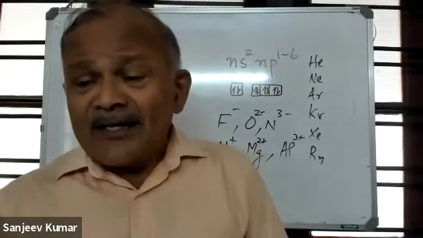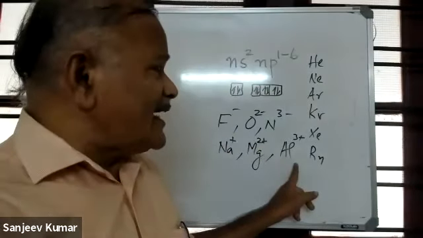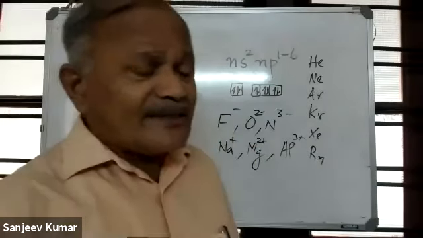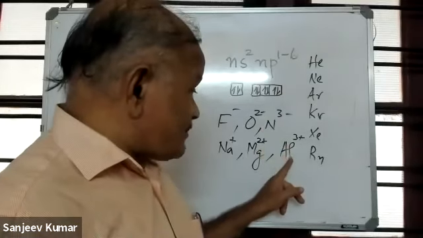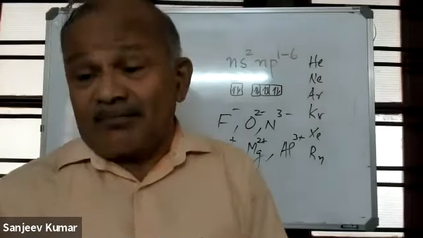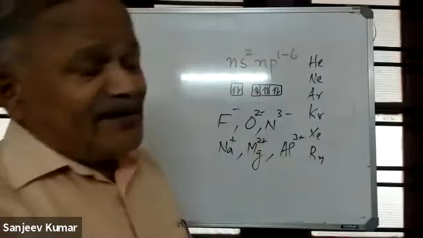For example, here Al3+ is the smallest one and N3- is the largest one, because the atomic number of aluminum is 13 and nitrogen is 7.